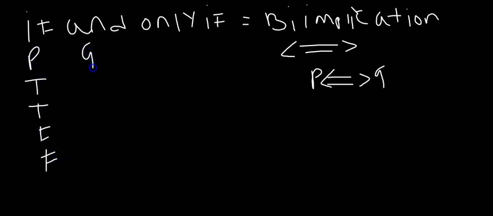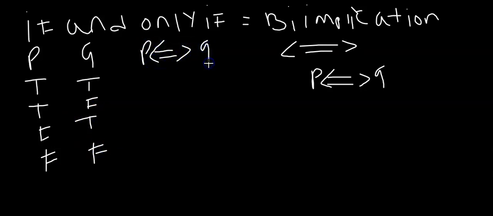And if you got Q, that is true, false, true, false. Then P biimplies Q will be what?